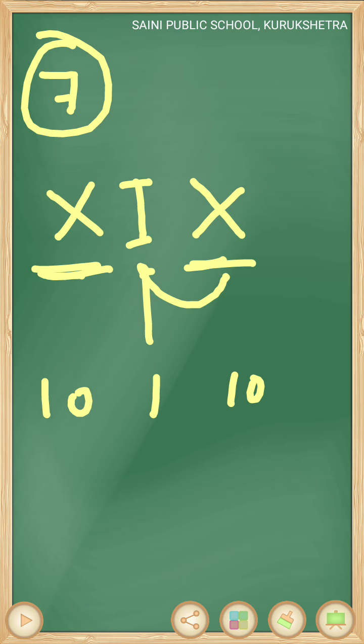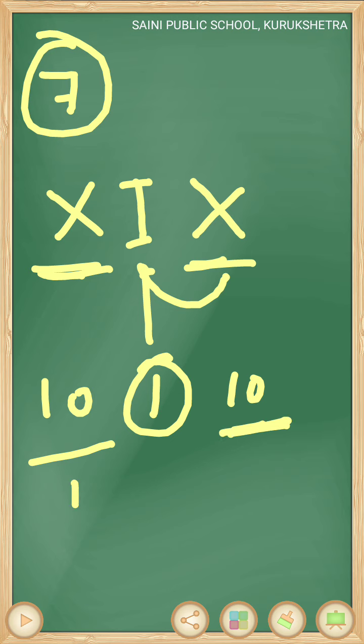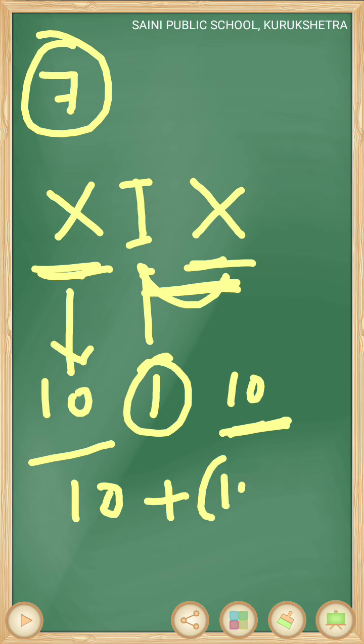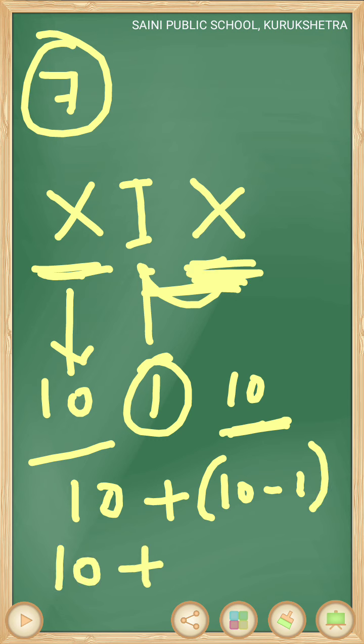So the smaller Roman numeral is placed between two bigger Roman numerals. It is always subtracted from the right side. So its value will become 10 plus, and now it will become 10 minus 1. It will be subtracted from this X. So it will become 10 plus 9 equal to 19.